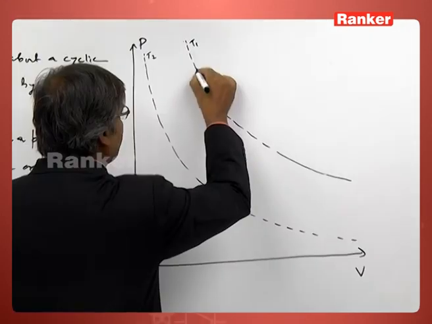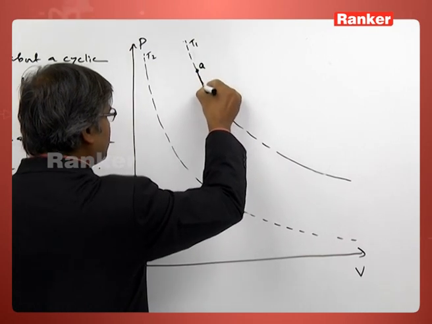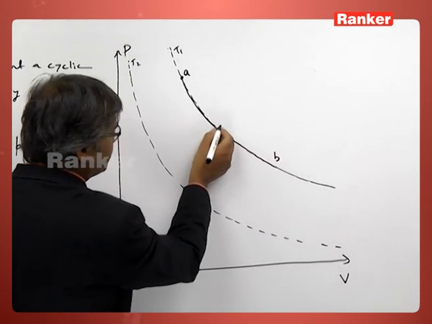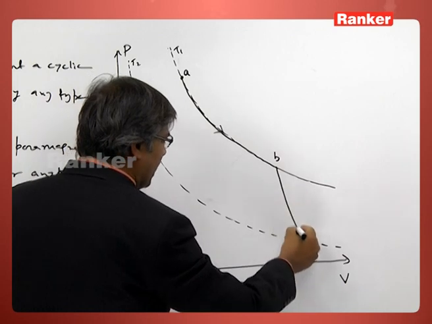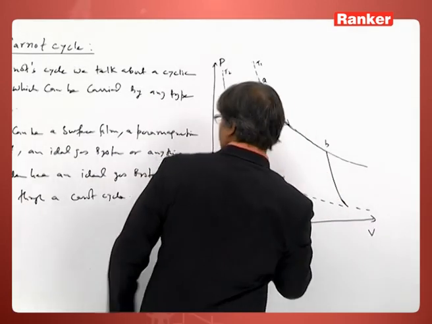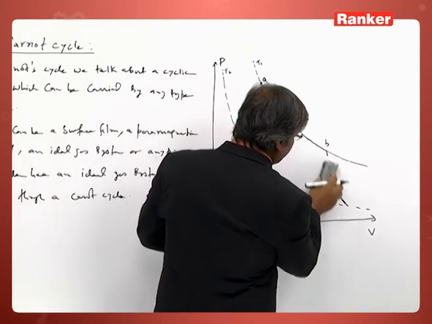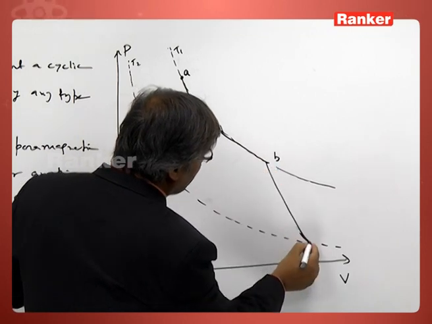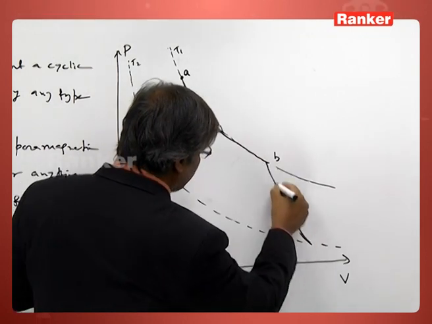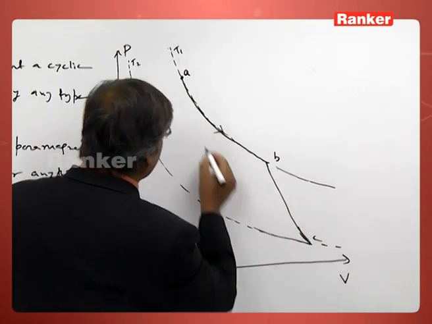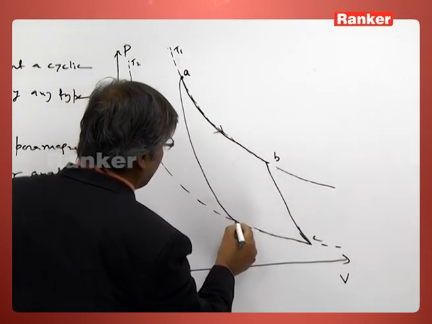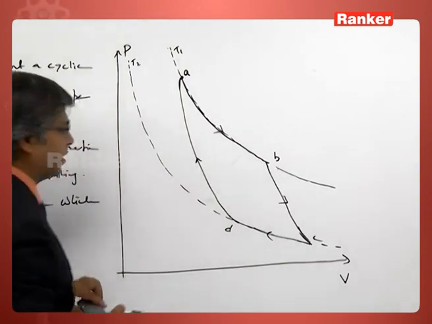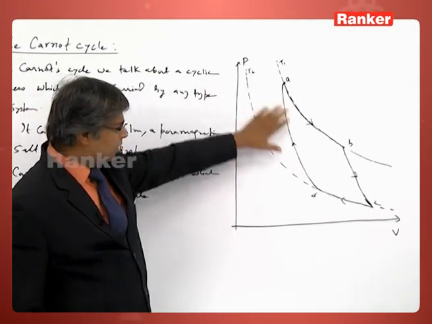We will consider our process from A, and first this process is carried to a state B, and then it is adiabatically brought to a state C. So let B be here only, and we have brought it by an adiabatic process to C, then again here. This is what we are going to talk about in the Carnot cycle. So let us concentrate on this graph.